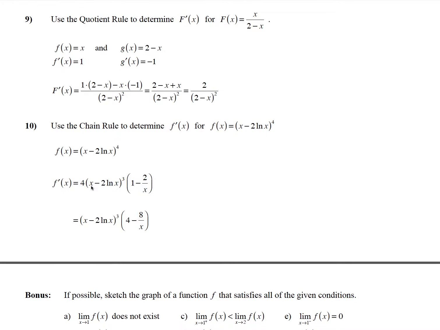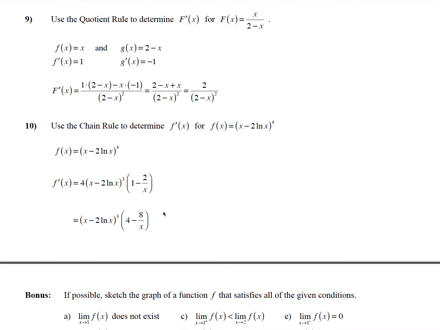Well, the derivative of what's inside is 1, because the derivative of x is just 1. And then we keep this constant multiple, negative 2, times the derivative of natural log of x, which is 1 over x. So 2 times 1 over x is 2 over x.